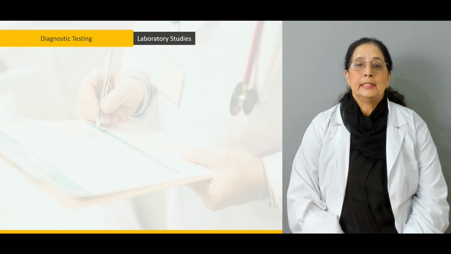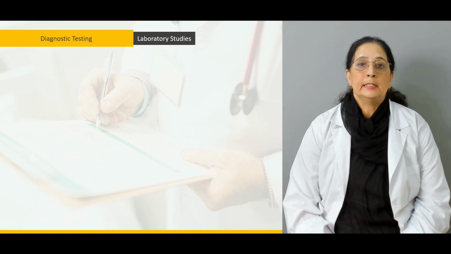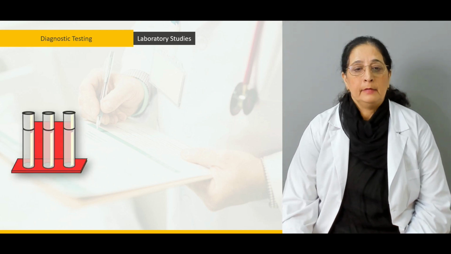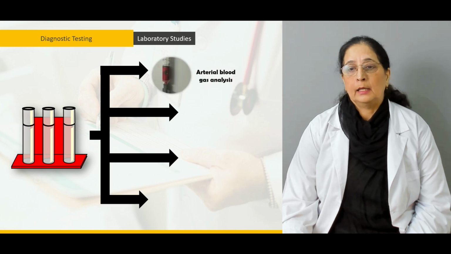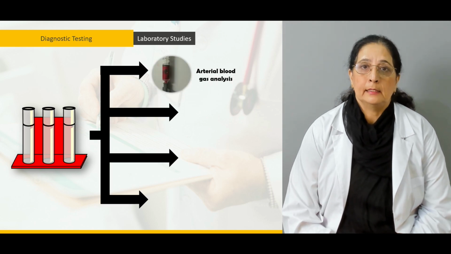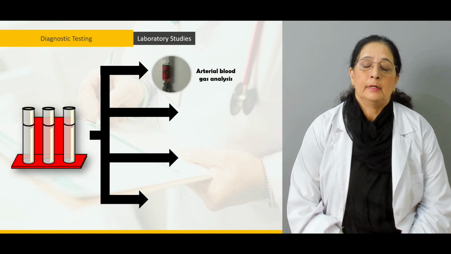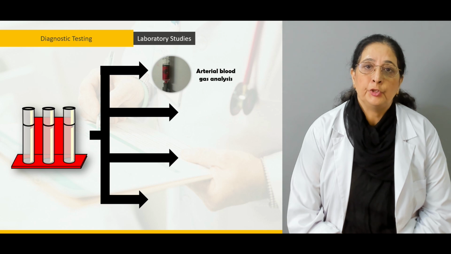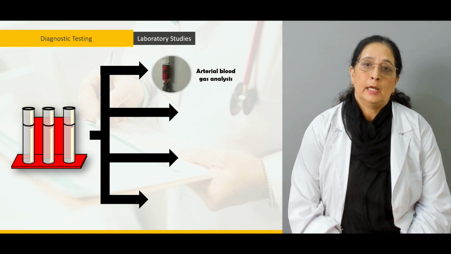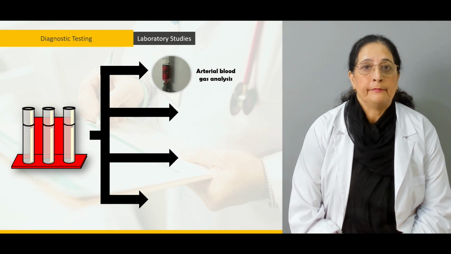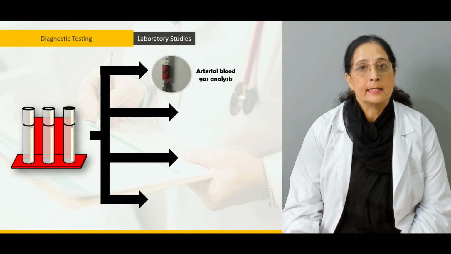Some diagnostic tests or lab studies which can be done: we have arterial blood gas analysis, very important, especially after inhalation injuries or injuries of the upper airway when breathing is affected.